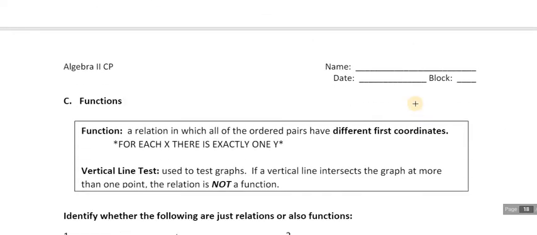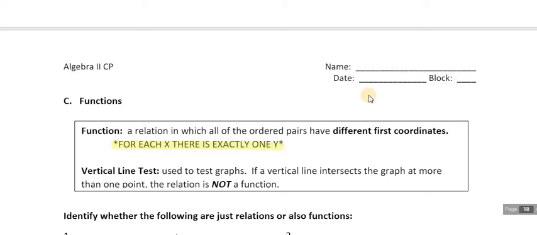Now, more specifically, we have functions, and a function is a very special type of relation in which all of the ordered pairs have different first coordinates. The way I typically talk about it, for every X, there's exactly one Y. So every X has exactly one Y. We can't have any duplicate X's.